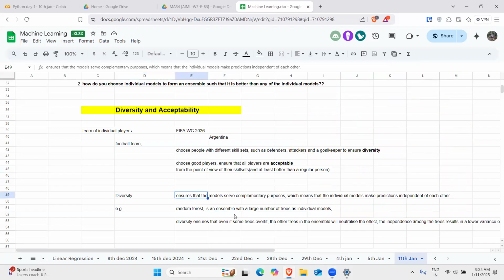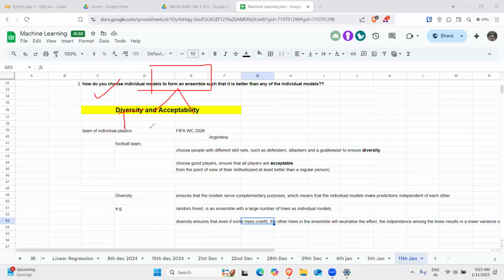It ensures that if some trees overfit, your other trees will take care of that, and they will be independent of each other. For example, random forest is a collection of trees. What do you mean by that? This will be one tree, and the other tree will not be the same.